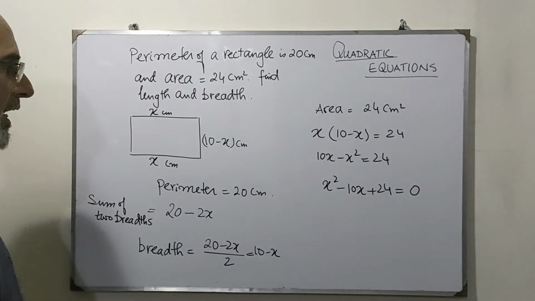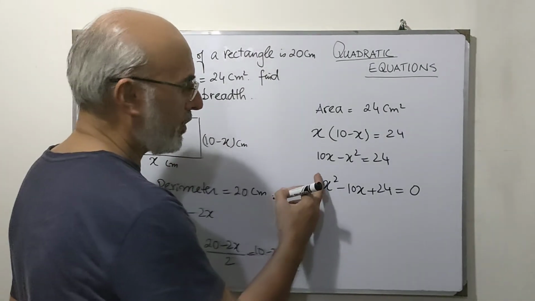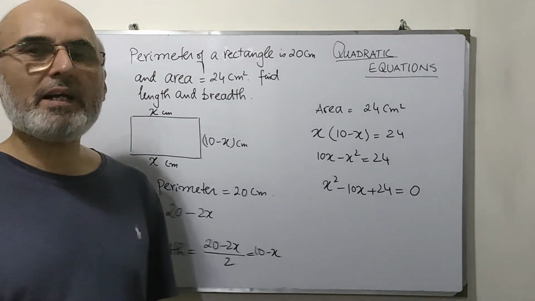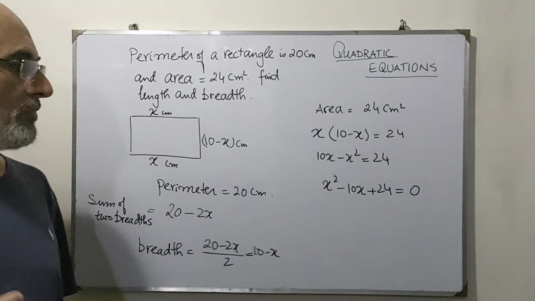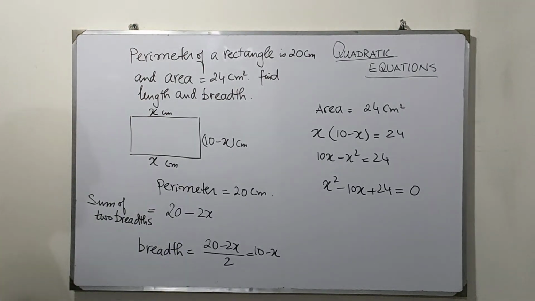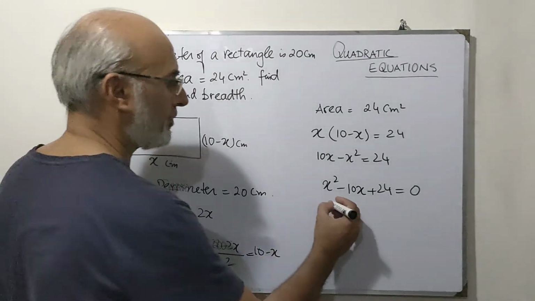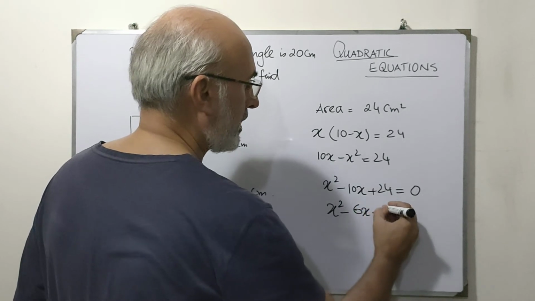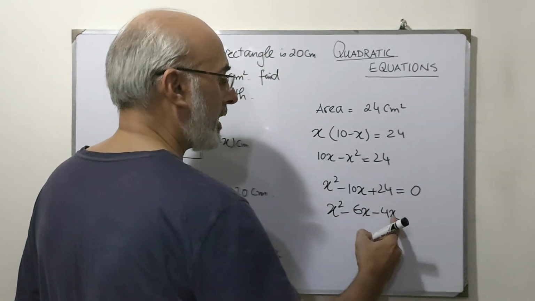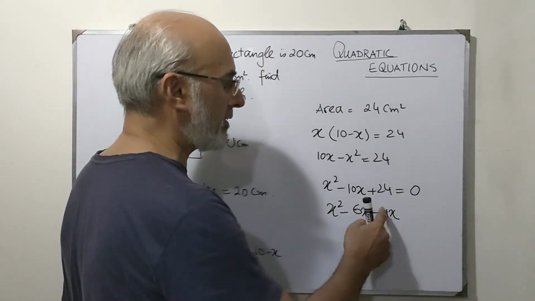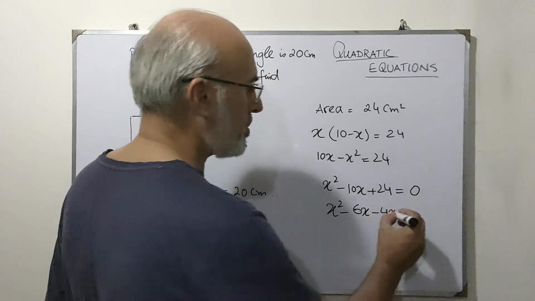So what we have to do now, this coefficient is 1, this is 24. I need factors which, when multiplied, give 24, and when added, give minus 10, right? So if the two terms are x square minus 6x minus 4x, you see, when I add both, I get minus 10x, and when I multiply minus 6 into minus 4, it becomes positive 24.